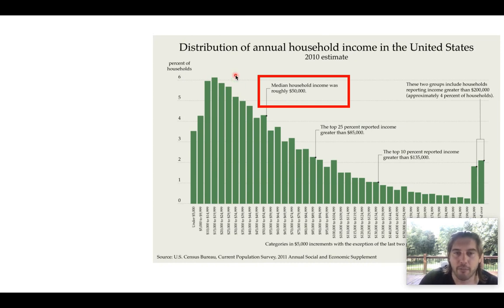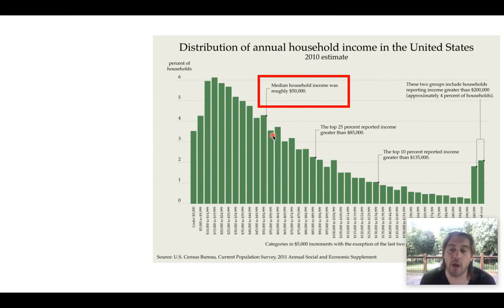So the height of the bar represents the percentage of households in the United States that make this amount of money, starting at under 5,000 and going up in increments of 5,000. And then here on the high end, you get a bigger jump over here. So basically, if you're over here on the left, you make very little money. If you're over here on the right, you make a lot of money.